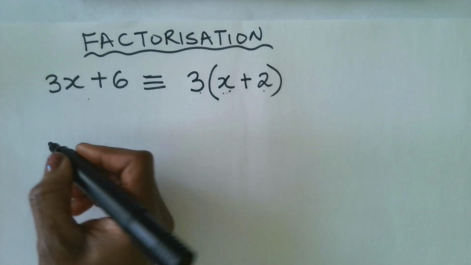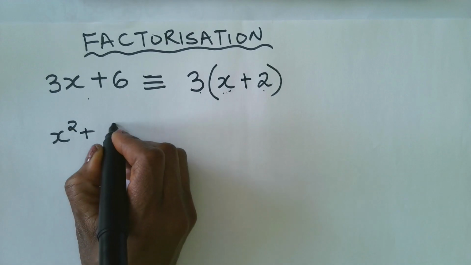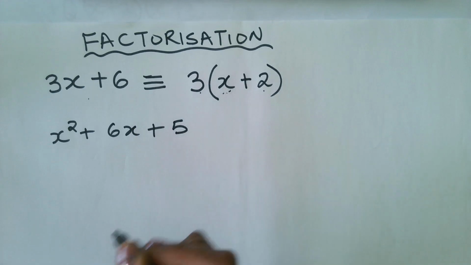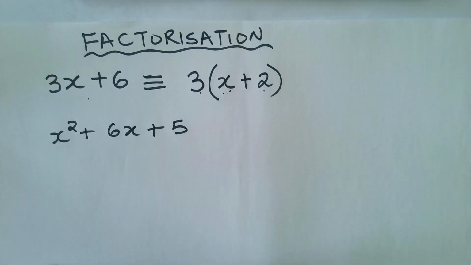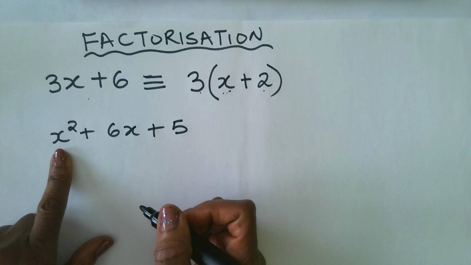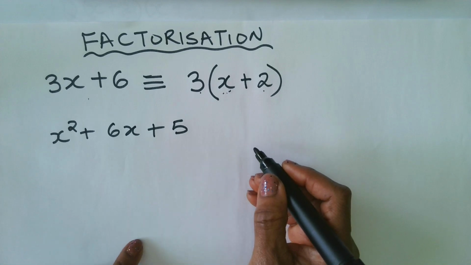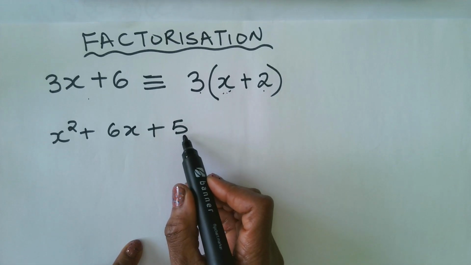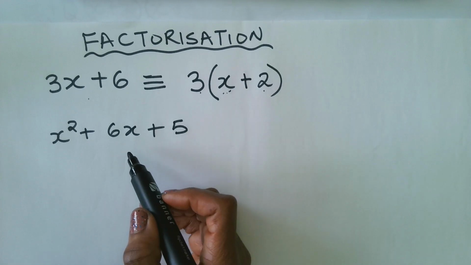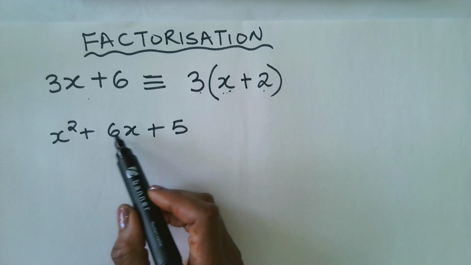So if I have the example x squared plus 6x plus 5. This is quadratic because we've got the x squared. What we're going to do is find two numbers that when you multiply will give you 5, and when you add the two numbers will give you plus 6.